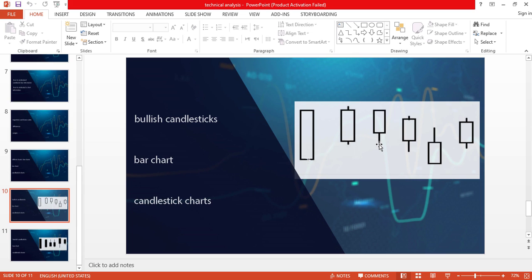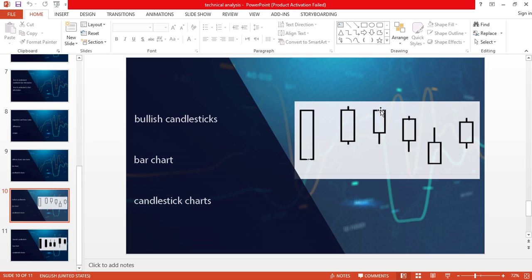The price of this symbol will increase, and in this point they have started to buy, and their competition to buy more and buy more moved the price from here to here.